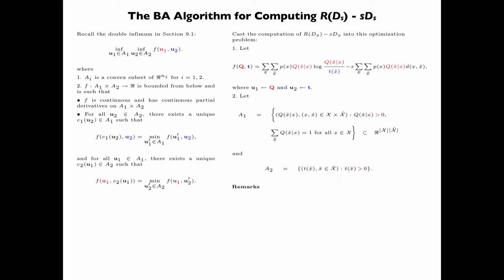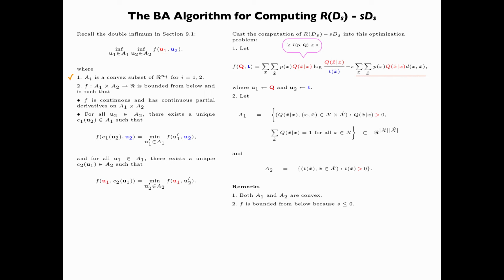We now verify that with this choice of f, A1, and A2, the requirements in the double infimum problem are satisfied. First, it is easy to verify that both A1 and A2 are convex. The function f is bounded from below. To see that, we first note that this double summation, which is an expected distortion, is always non-negative.